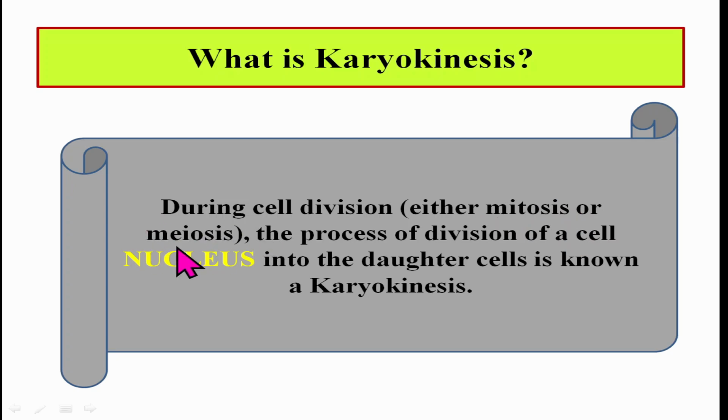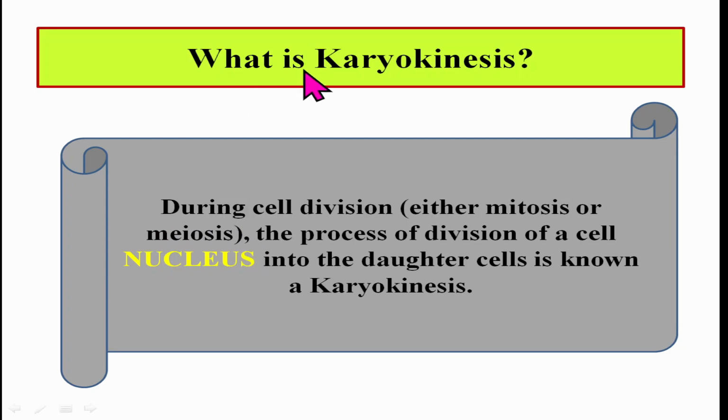Then what do we mean by meiosis? So this is also a cell division where four daughter cells are formed, and the daughter cells have half the number of chromosomes as the parent cell. And this meiosis cell division is also called as reduction division, and it helps in the formation of gametes, either sperm or egg.